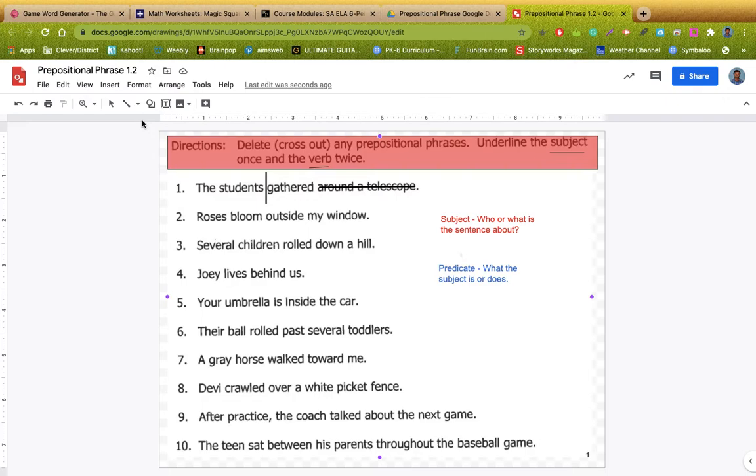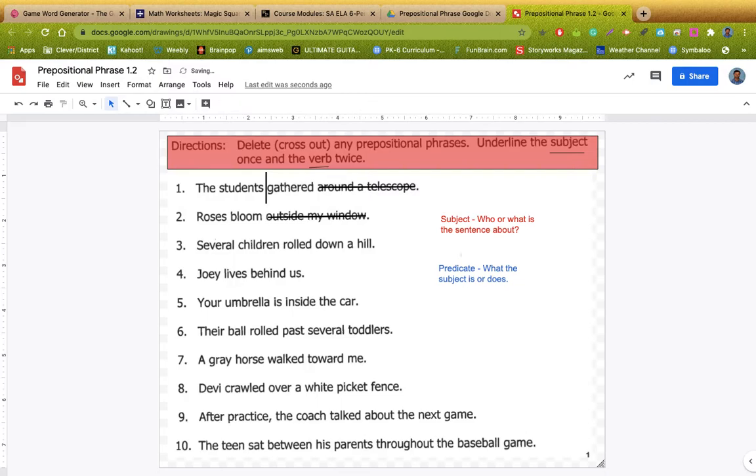Start there, and the phrase will end with a noun. Well, outside is the preposition. So I know I'm going to start here. Outside, my is not a person, place, thing, or idea, but window is. So this is the prepositional phrase. I'm going to cross it out. Again, I'm going to make my line a little bit thicker so it's obvious.